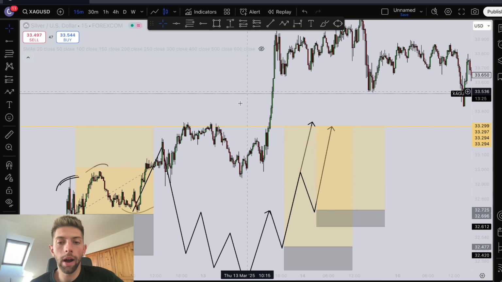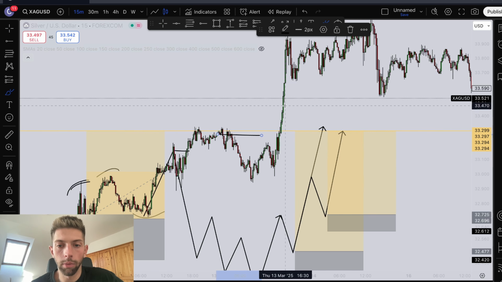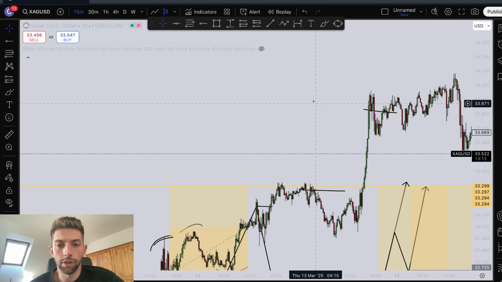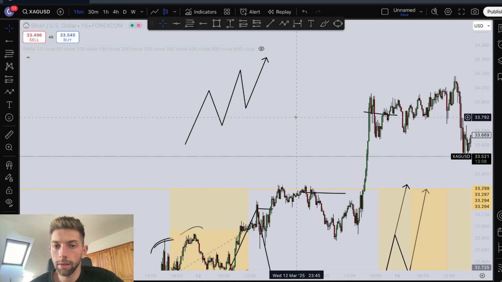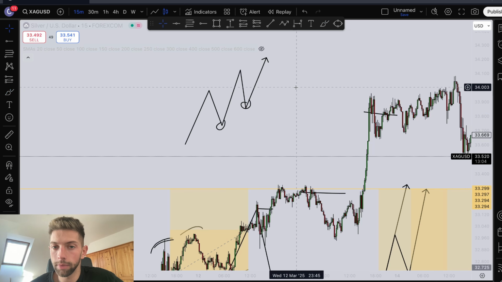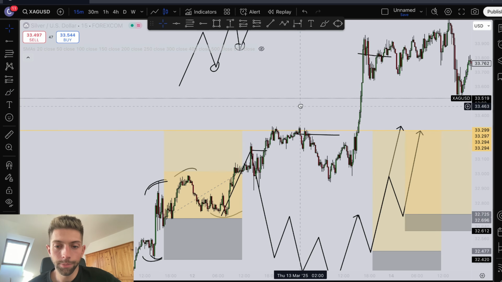Why would I call a top, let's say here? Why would I do it here? Why would I do it somewhere here? I don't know where price is going to reverse. Isn't it better to just follow the structure and buy at every higher low point and, in a downtrend, sell at every lower high point? Isn't it better?